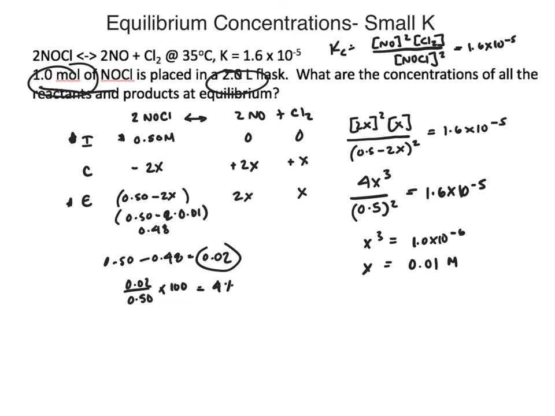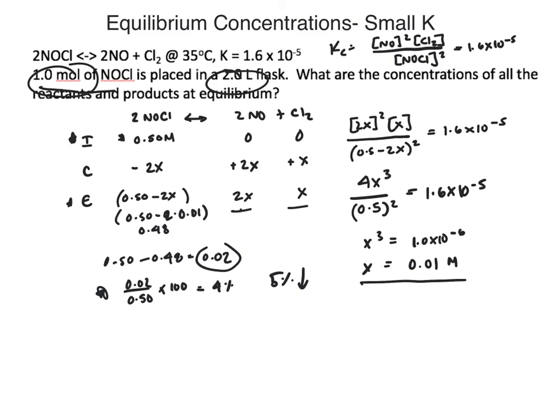If our comparison here is 5% or lower, then the assumption we've made with respect to dropping x is acceptable. If it's larger, then you're going to have to take a longer route to solve for x. Now that we've figured out that our x value calculation is acceptable, we plug in the rest of our x values to figure out our concentrations at equilibrium of all of the components.